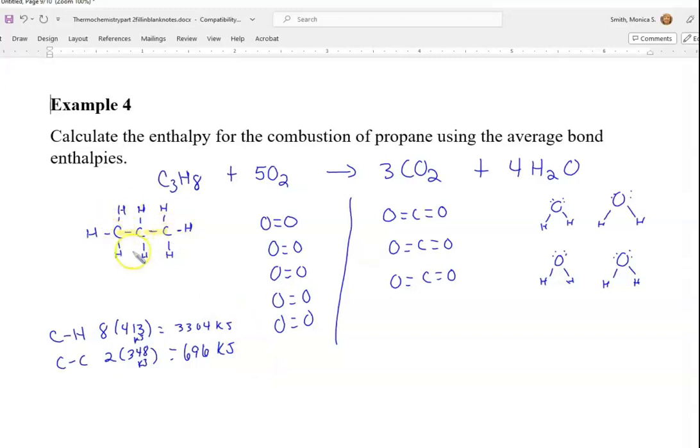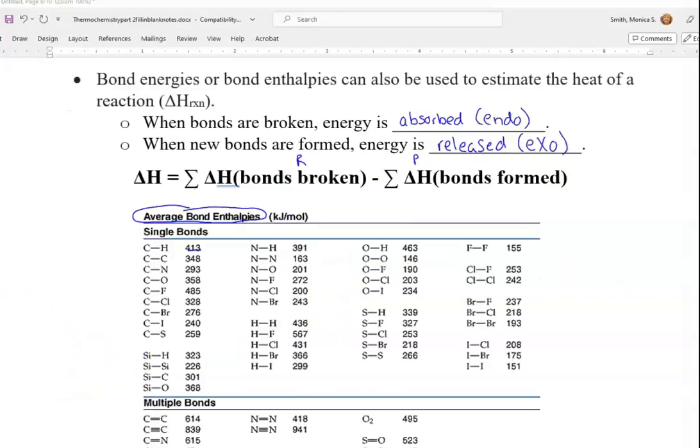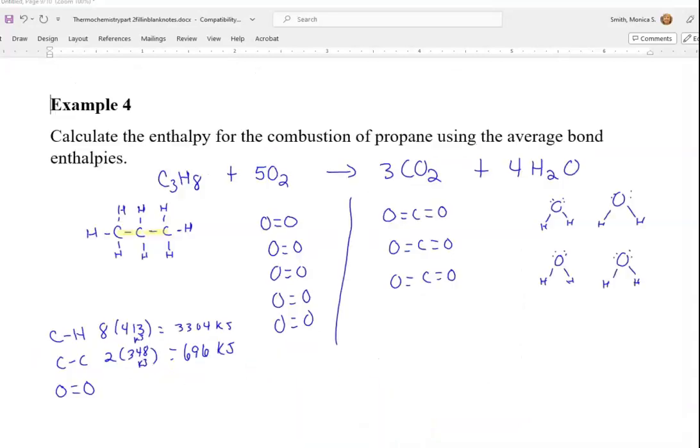All right, so I took care of that structure. These aren't so much fun, but I got to teach you. So then I've got 5 of the O2 bonds. So I've got a double bonded O2. They're on the chart. Where are they on the chart? Let's pull that chart up and see where that double bond is. Oh, it just wrote O2, 495 there, but a lot of times they'll draw them out. So we've got 5 of those 495s.